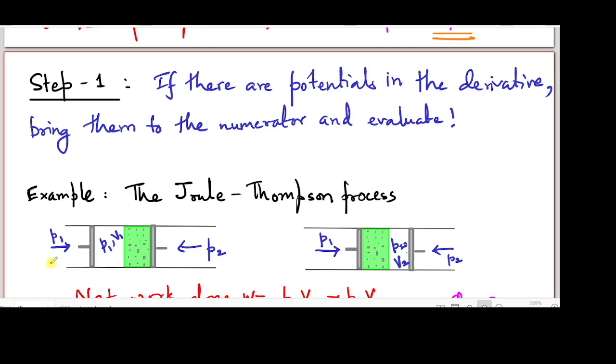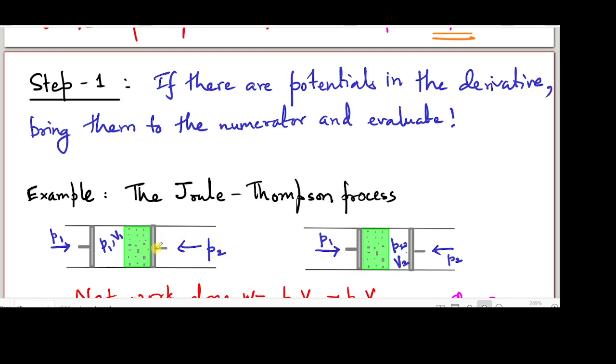On the left-hand side, you have this piston pushing in the gas and doing positive work on the gas. How much? That's simply P1 times V1. It's actually P1 times delta V, but you had V1 volume to begin with, 0 volume at the end here. So P1 times V1 is the work that was done on the left.